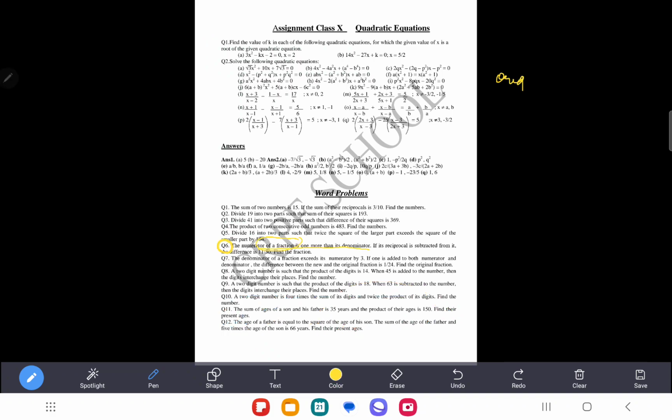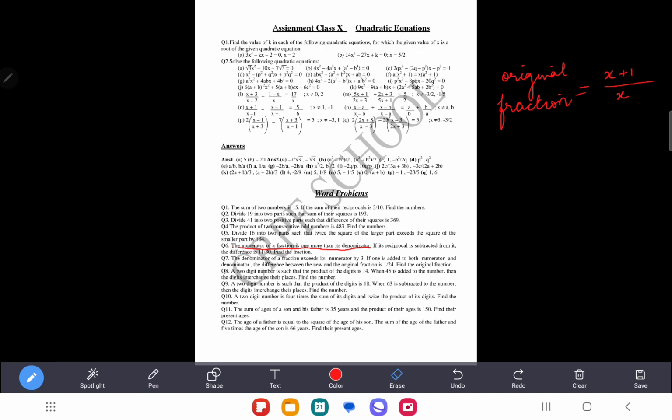Like the original fraction in question number 6, how do I read it? It says the numerator of a fraction is 1 more than its denominator. So the original fraction will be what?